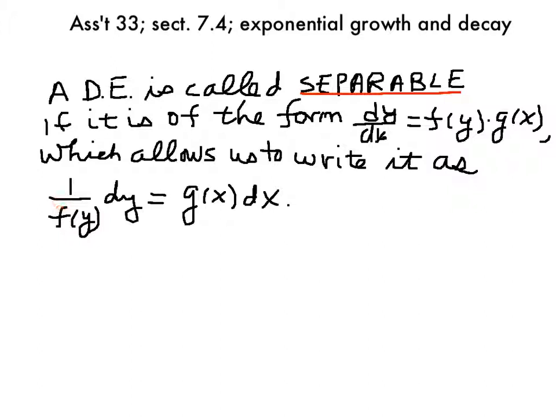And so we can integrate this piece, we can integrate that piece, and so we get the solution by simply integrating each side and then hopefully solving for y. So that's a special kind of differential equation, and as I said, we'll be looking at that throughout this particular lecture.